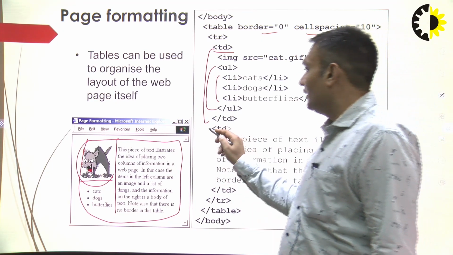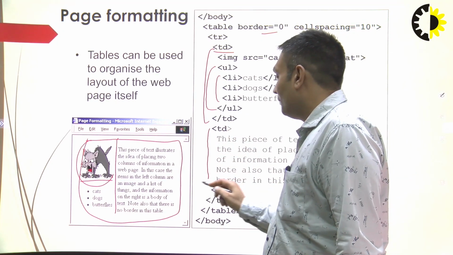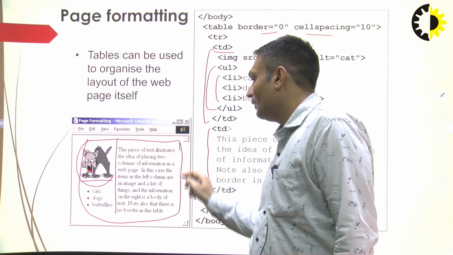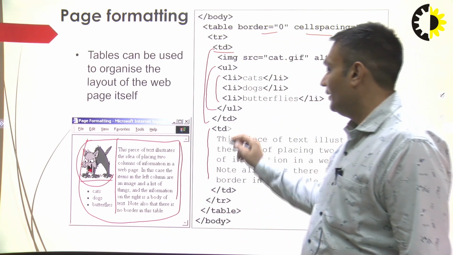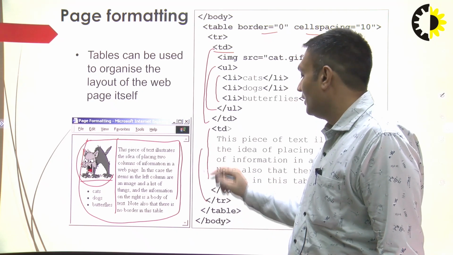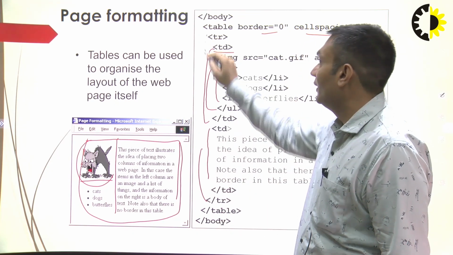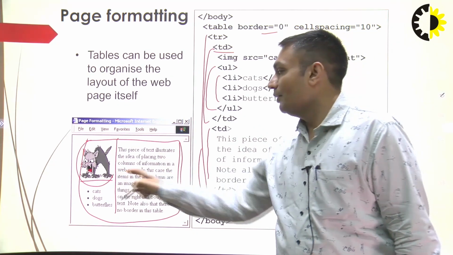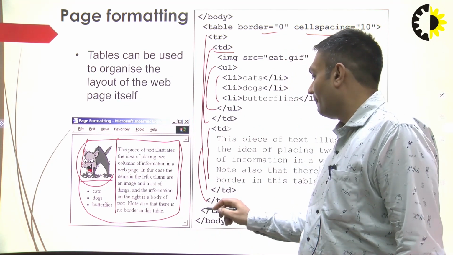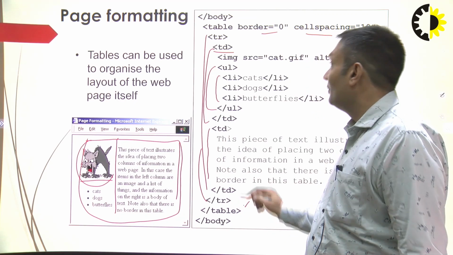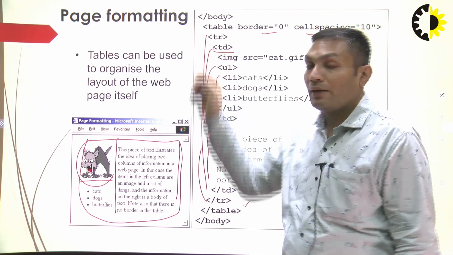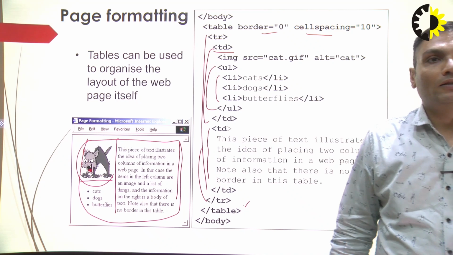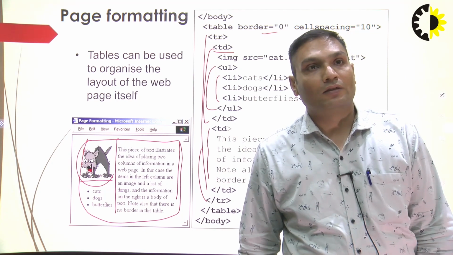Now another table data contains a paragraph, this one here, and this td gets closed here, and this table row gets closed here. So this complete table row is a single row, and this table gets closed here, and this body part gets closed here. So in this way we can define a table with no border as well.